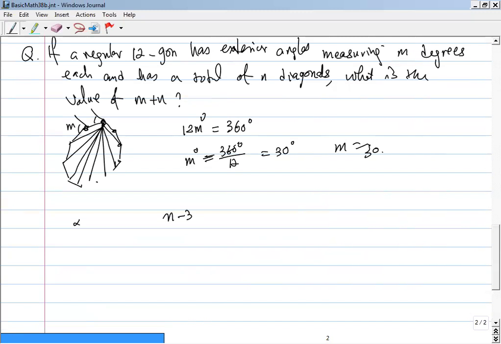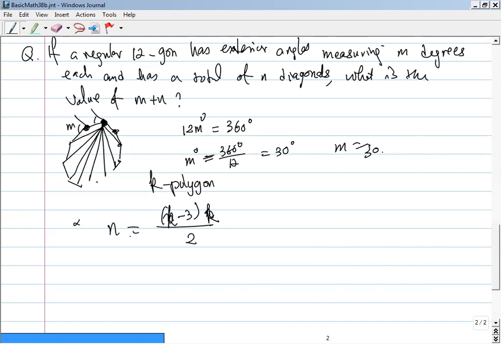You cannot count the point itself and the 2 points next to it. But you have n points, so it's multiplied by n. I'm using k here, a k-gon with k sides, and you divide by 2. This is the total number of diagonals.